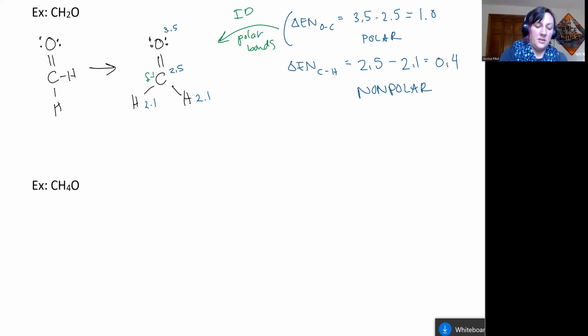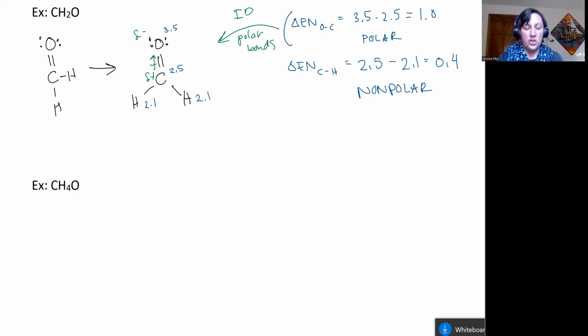So I can do this with the delta plus on the carbon and the delta minus on the oxygen to show partial positive charge on carbon and partial negative charge on oxygen. Or I could do a little dipole arrow as well. And now I've identified my polar bonds in 3 dimensions. And now I can look at it and go like, is it overall polar or nonpolar? And looking at it, I don't have all polar bonds, right? I only have 1.